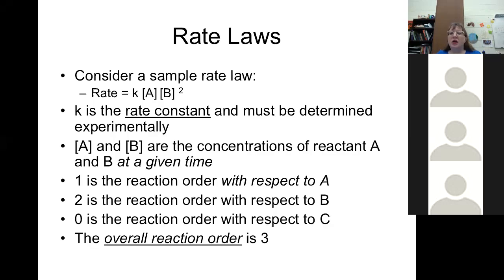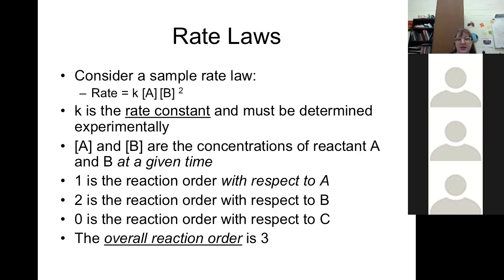So the rate law is something that's going to tell us what that rate is equal to, regardless of whatever time it is, by allowing us to plug in the concentration. So you're going to see in the rate law brackets around whatever our chemical is.